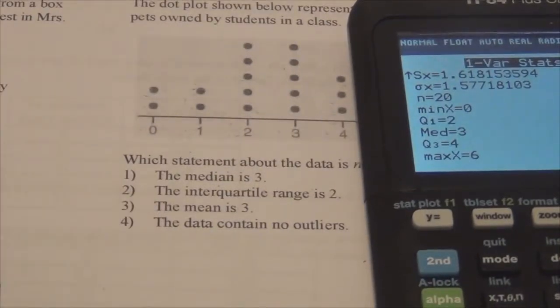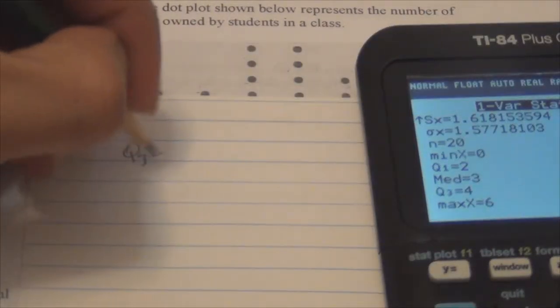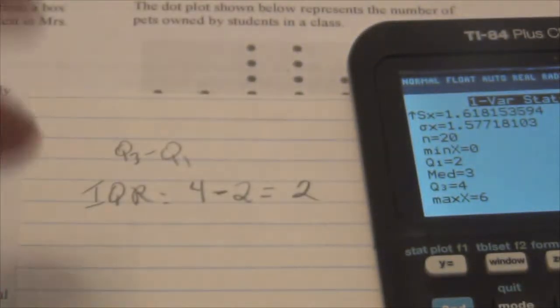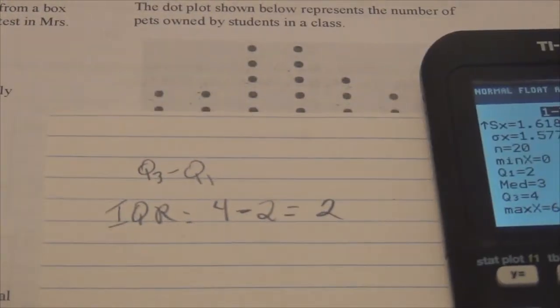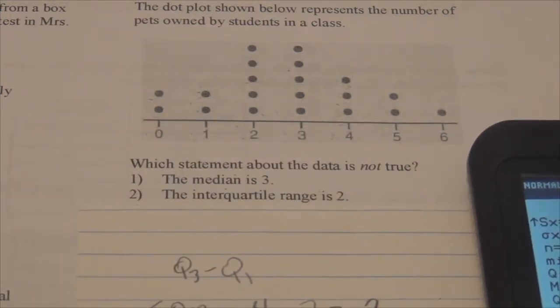Well, the interquartile range is Q3 minus Q1, called the IQR. Q3 is 4 minus Q1 is 2, which gives you 2. So the interquartile range is 2, yes.